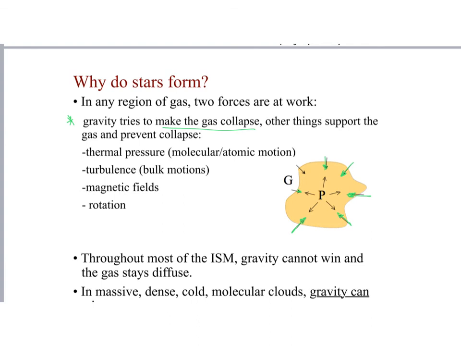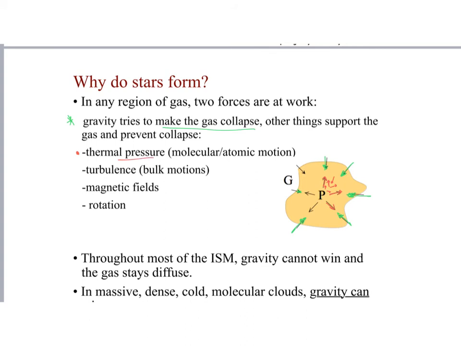Nevertheless, there are other things that support the gas and prevent the collapse. There are many, for example, just how hot that cloud of gas is, because the particles move around like this. They have enough kinetic energy to push in all directions.